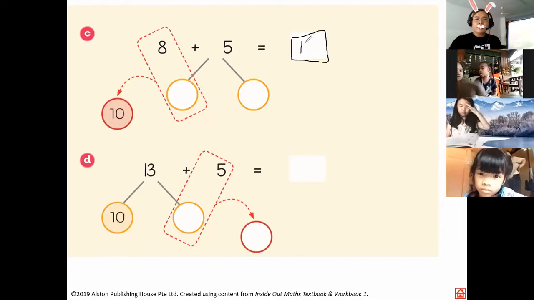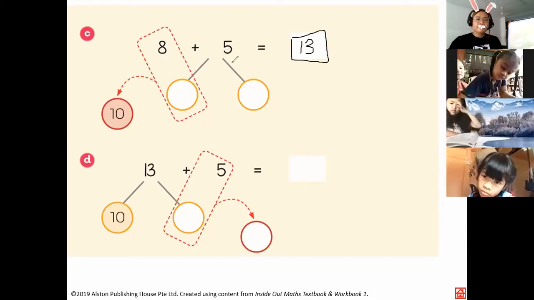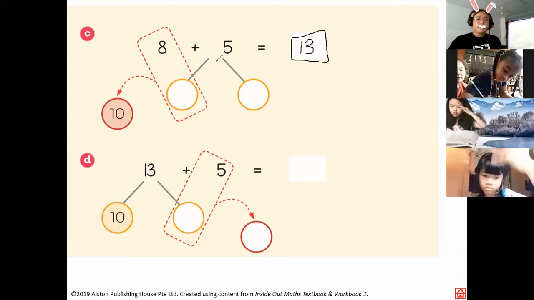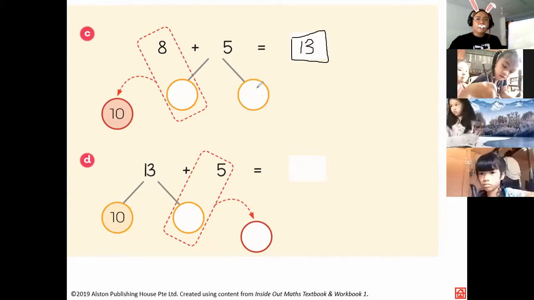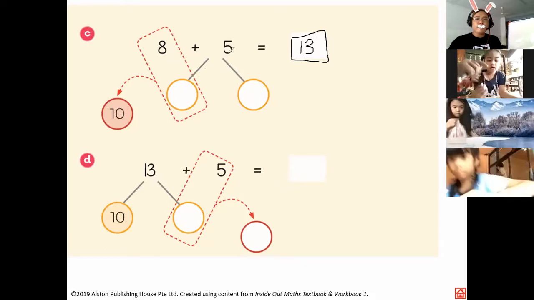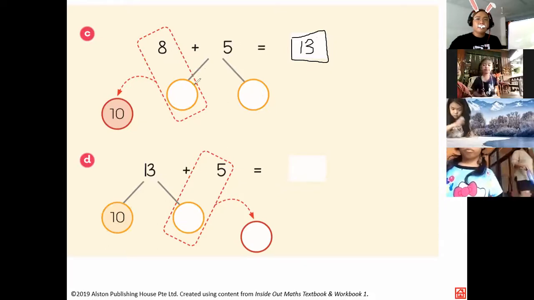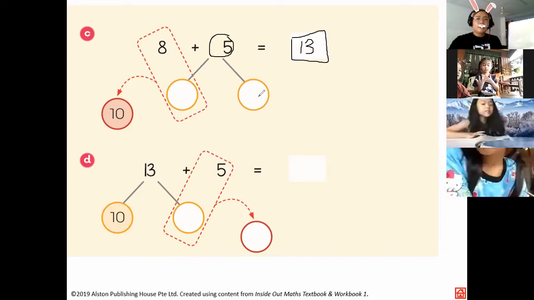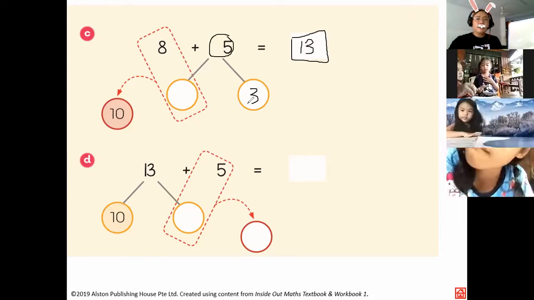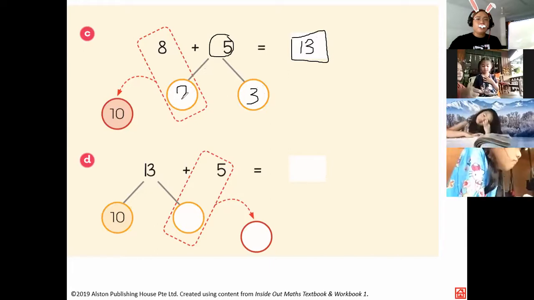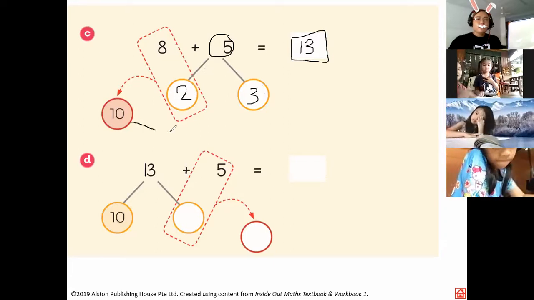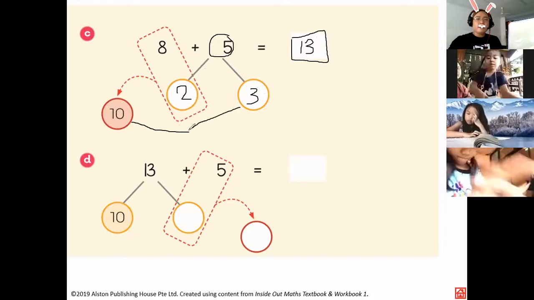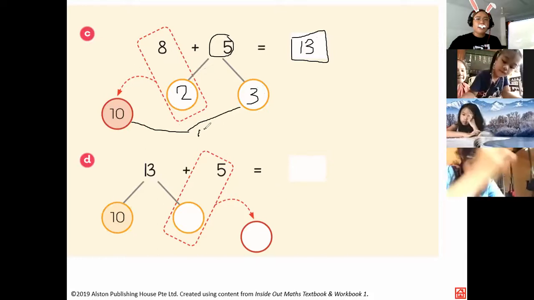Okay, so we have 13. What about here? What is the missing number here to make it 5? 2 and 3. Very good. So 3. And then here is 2. So 10 plus 3, that's 13.